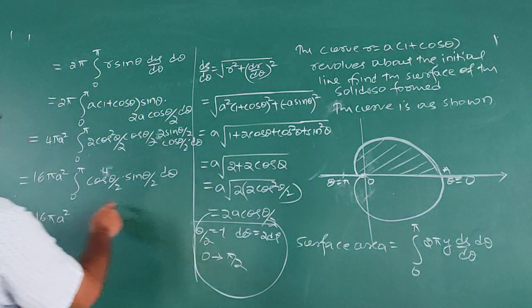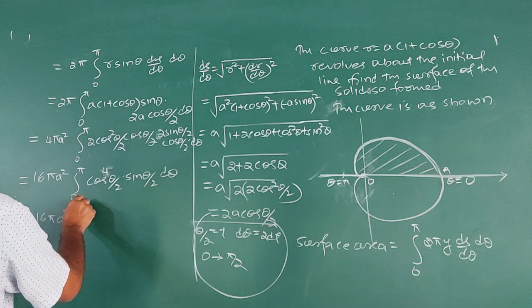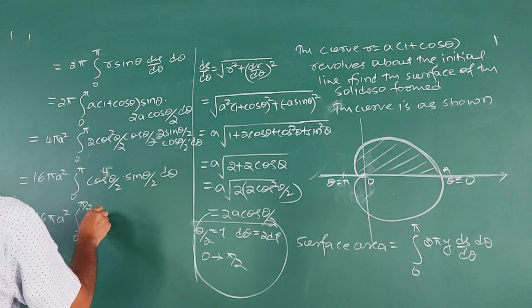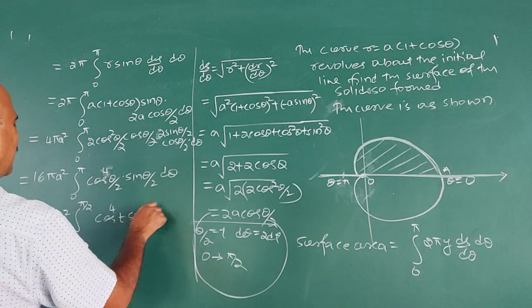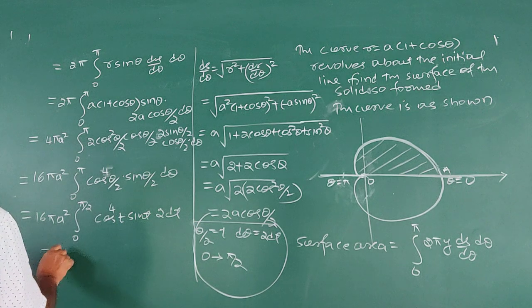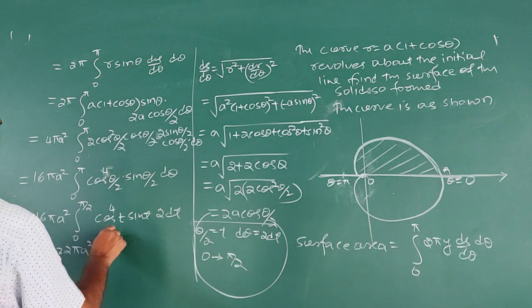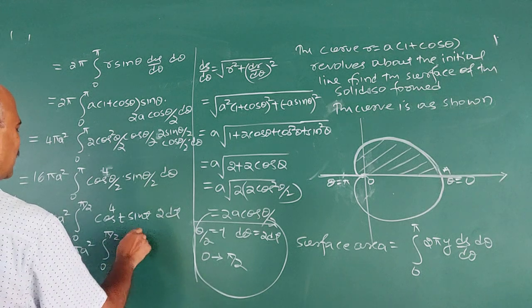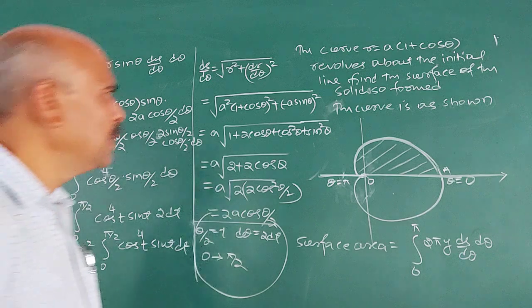Use this substitution here. You will get integral 0 to pi by 2 cos t raised to 4 sin t, d theta is 2 dt. Therefore 32 pi a square integral 0 to pi by 2 cos t raised to 4 sin t dt.